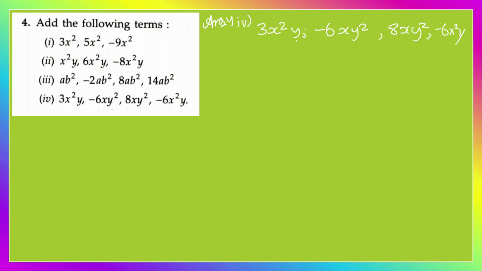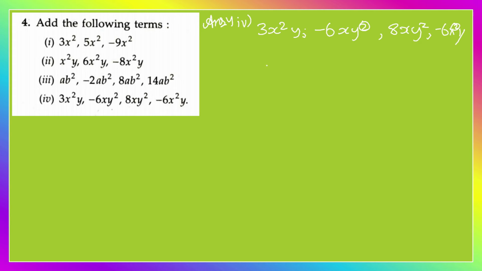So see, we have 3x squared y minus 6x squared y. Then we have minus 6xy squared and 8xy squared. If you are thinking that 6xy squared and minus 6x squared y are like terms, no, they have different exponents. Here 2 x's are there, here only 1 x is there.